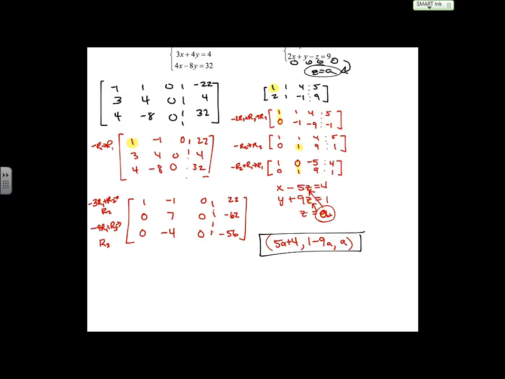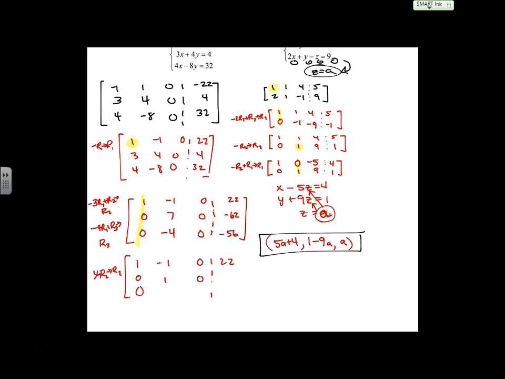Need to get a leading coefficient. We have our first column. We want a 1 there, so we're going to multiply row 2 by 1/7, right? One-seventh of 7 is 1. 1/7 of 0 is 0. 1/7 of negative 62.